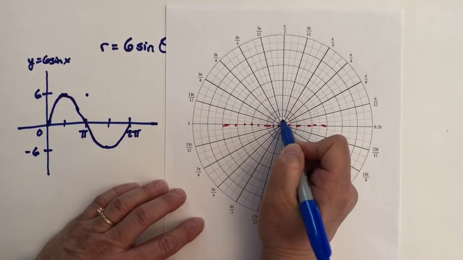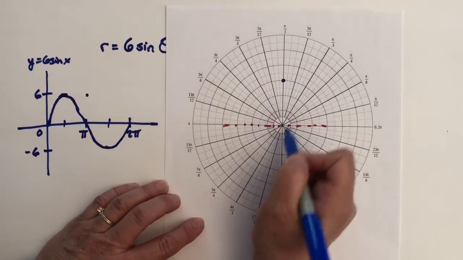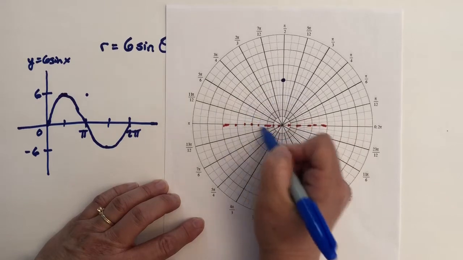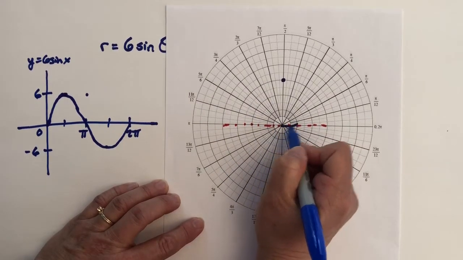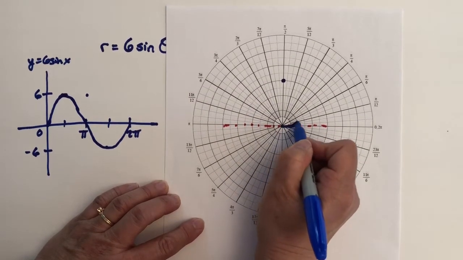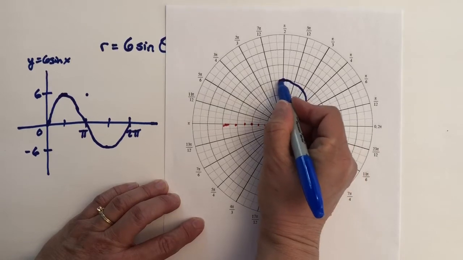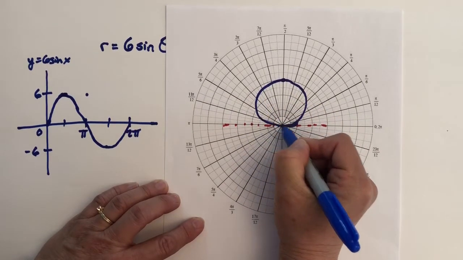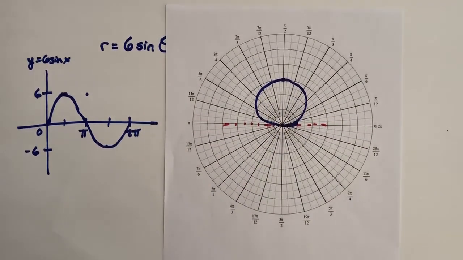So out to 6, that's 2, 4, 6. It will go out to 6 and come back. And it's tangent down there. And we have it drawn.